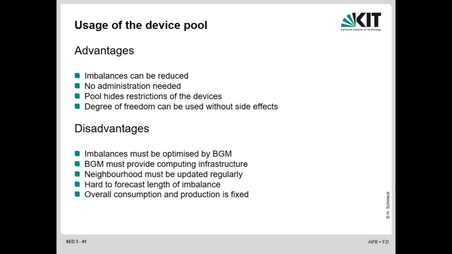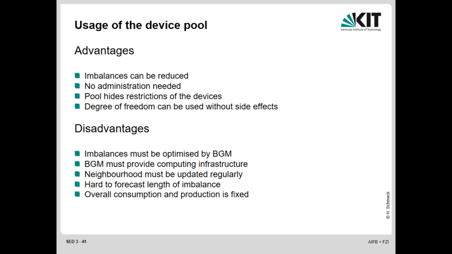There's no extra administration needed, because when you notice an imbalance, you can just do that completely inside the pool, get the information about the schedules and the degrees of freedom, let the evolutionary algorithm run, and get the new schedule.